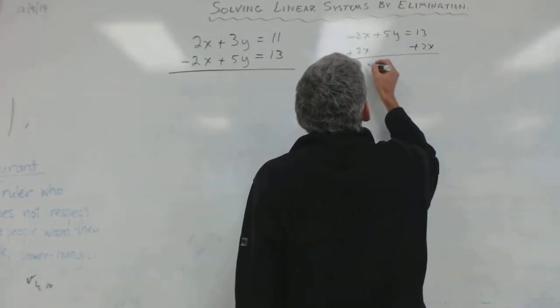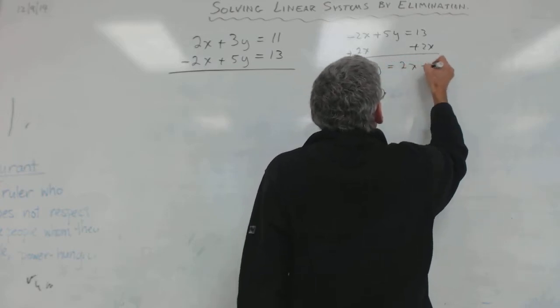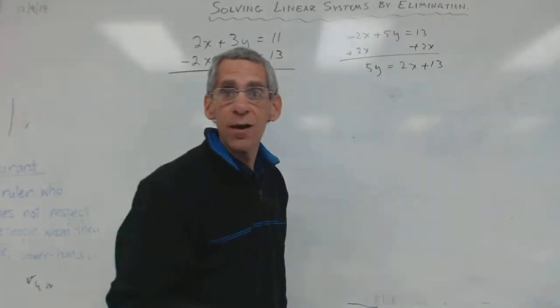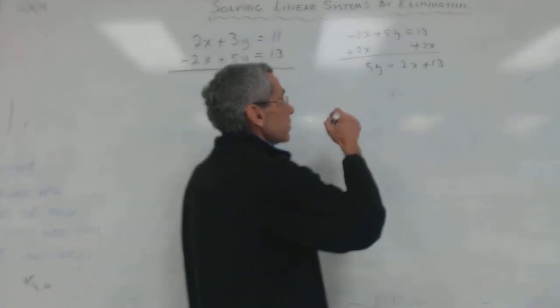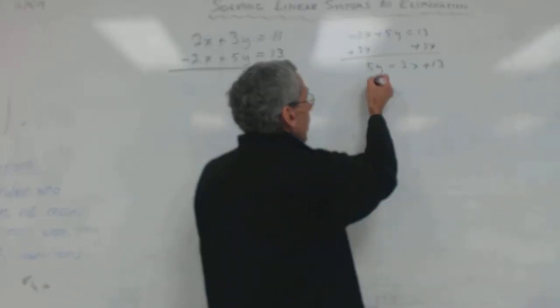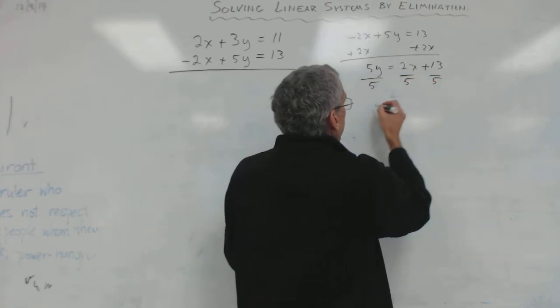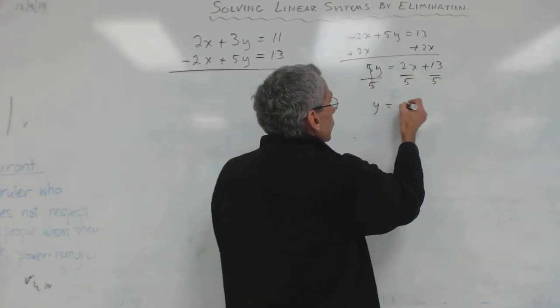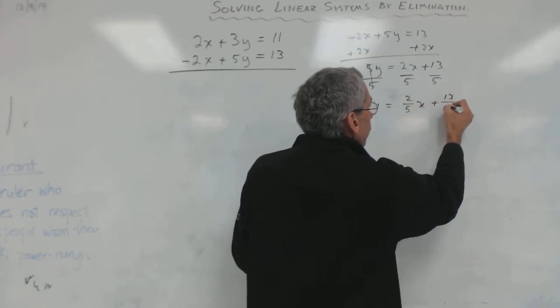So I have 5y is equal to 2x plus 13. Now, I have to say y equals, not 5y. This is the wrong way, so I wouldn't necessarily write this down. Just watch. Divide by 5, divide by 5, divide by 5. That gives me y is equal to 2/5 x plus 13/5.